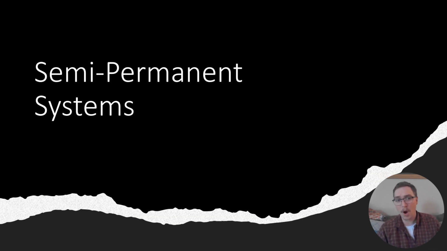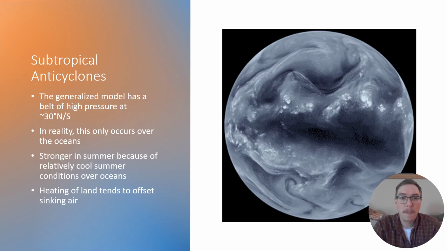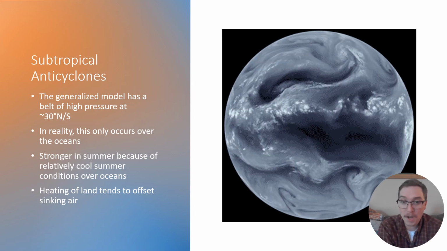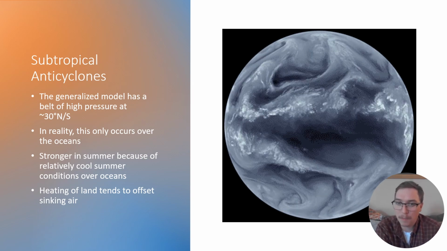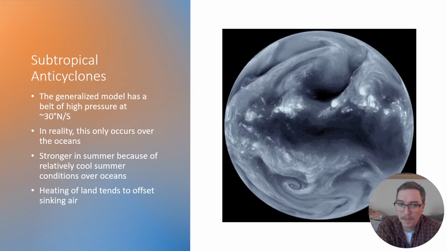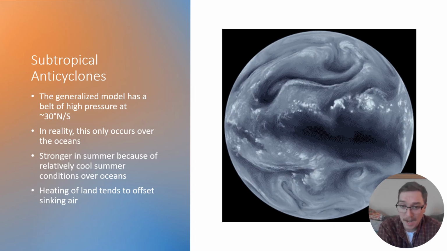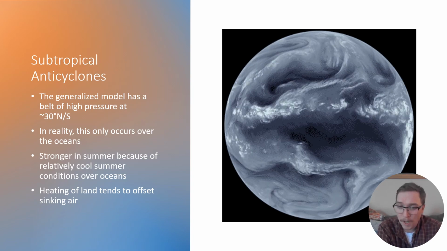Now we're going to look at some of our semi-permanent systems. First off, and we've talked about them previously, these big subtropical anticyclones, these high pressure cells, semi-permanent high pressure cells.